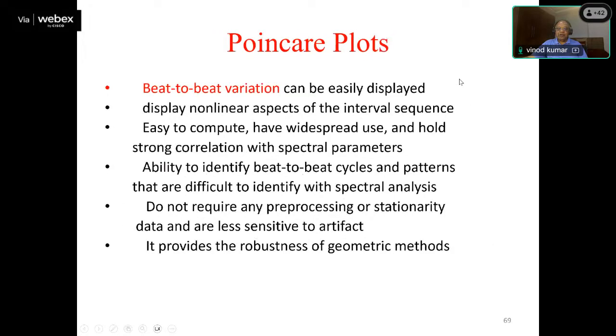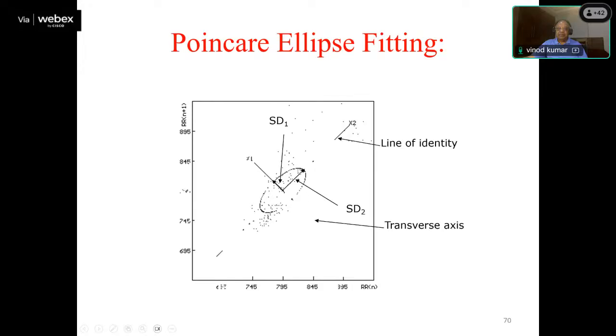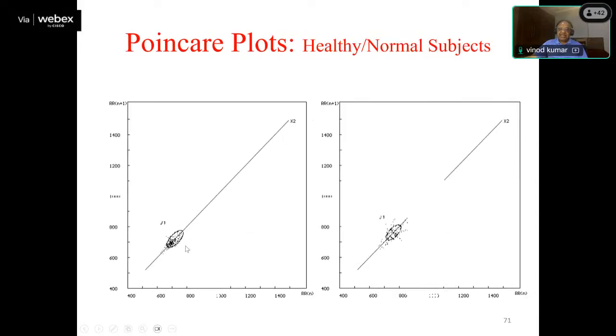So the Poincare plot indicates beat to beat variation. If this beat to beat variation is more, then we say the variation is large. It is a young person or a healthy person. If this variation is less, it is not that healthy. It is for normal, only from the scale point of view.